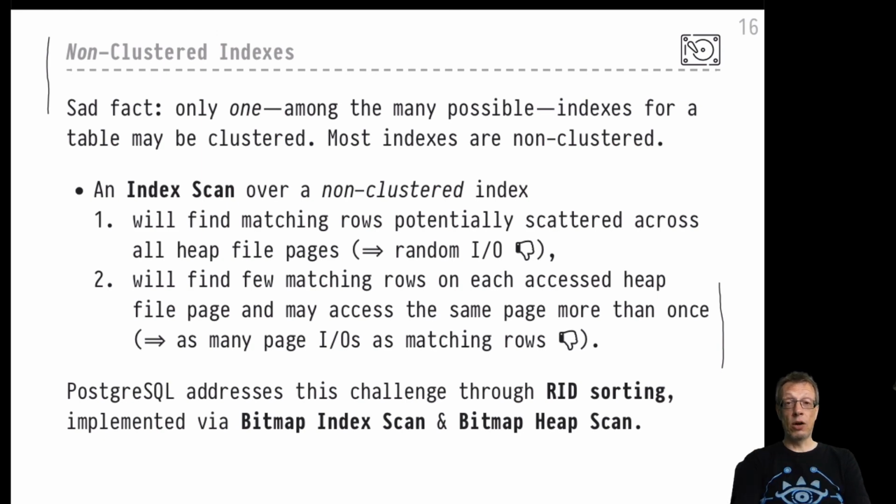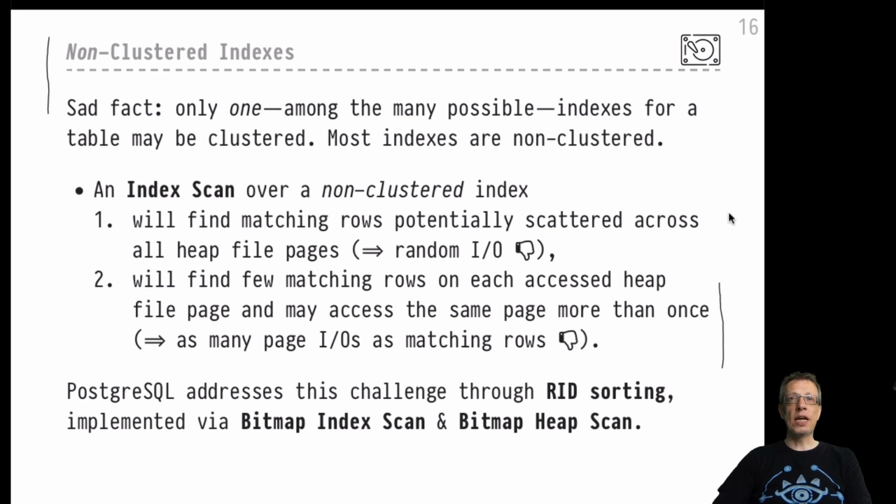As you've seen in our calculation, in the case of the selection on the I.C column, we only found about 1.19 rows per page. And that's a really bad ratio. So we will have random I/O scattered across all of the file, and we have lots of page I/O because each of the accessed pages will contain very few matching rows only. These are both bad news.